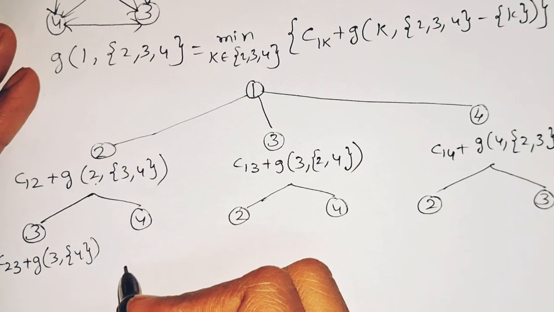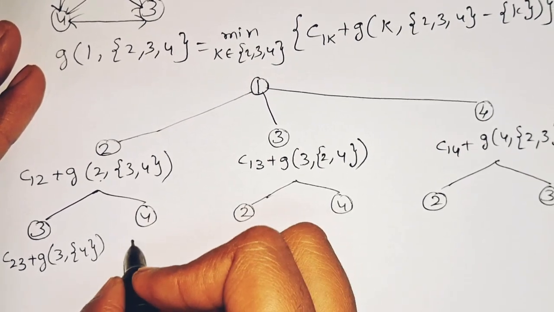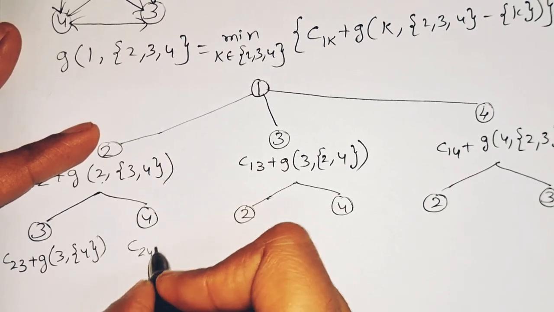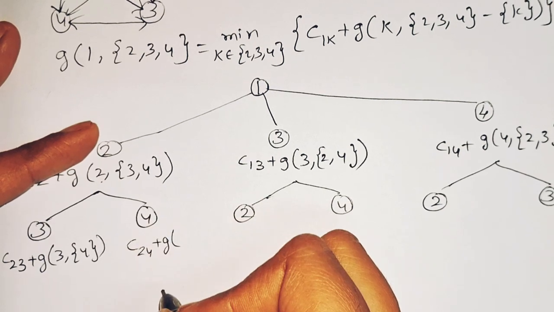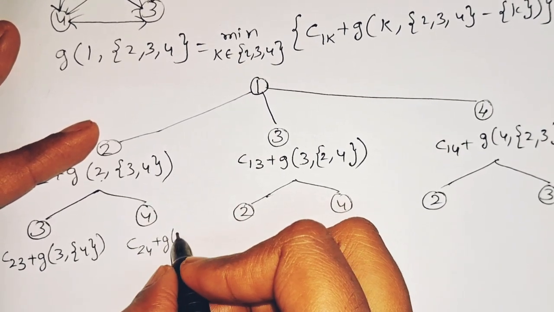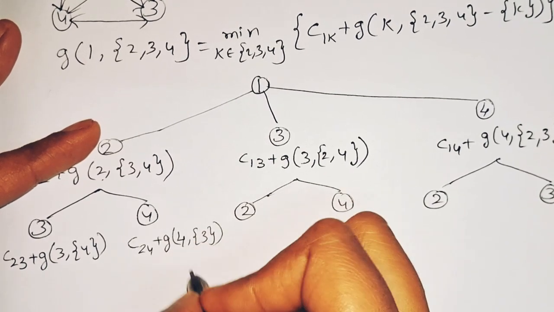Okay, C 2 3 plus G of 3 comma 4. Similarly here, we have started from 2 and we reached 4. So C 2 4 plus G of, from 4 what is the next remaining node? 3, right? So the remaining node to travel is 4 comma 3. So from 4 we can reach 3.